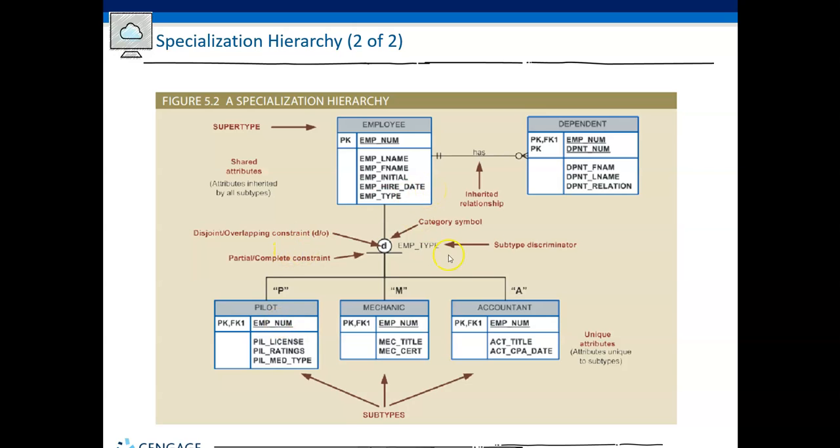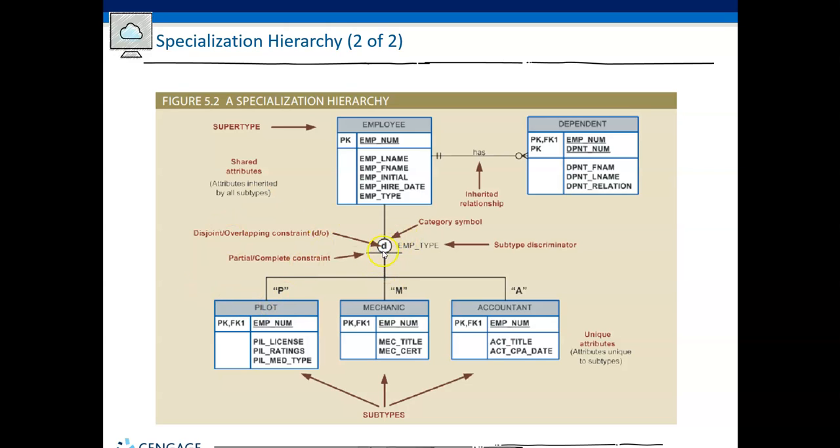So partial completeness means that you can have employees that are just generic employees. They don't have any of this stuff down here. Or you're going to have employees who are pilots or mechanics or accountants. So the 4 kinds of employees you can have in this particular picture are generic employee or just employee, pilot, mechanic, and accountant. Now the D means disjoint.